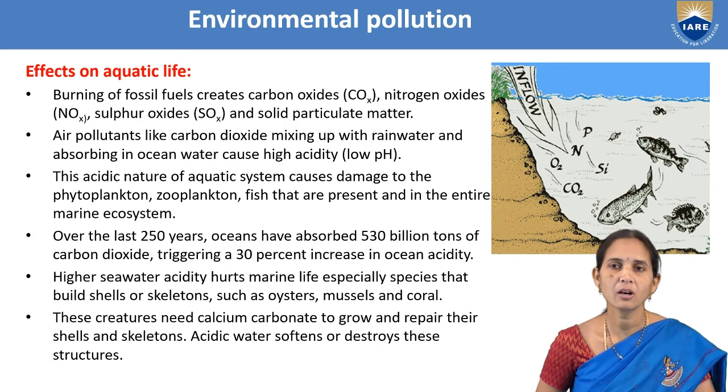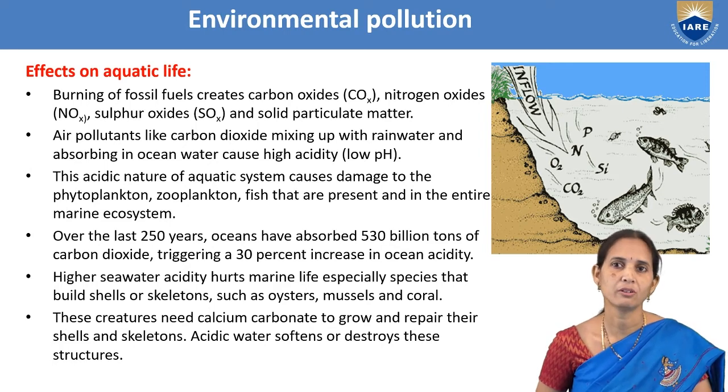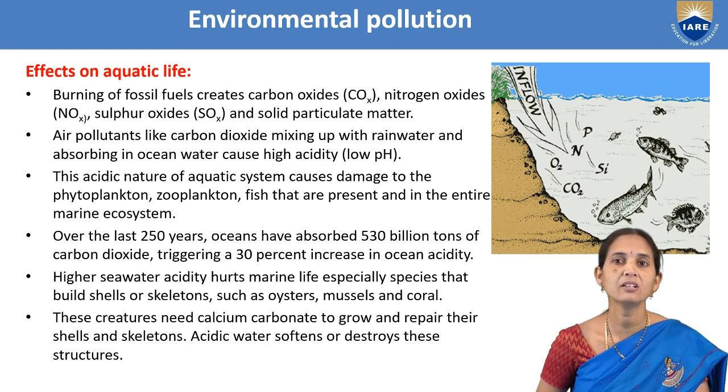And when the rain comes, all the pollutants go along with the water into the sea or rivers. Over the last 250 years, oceans have absorbed 530 billion tons of carbon dioxide, and it is increasing day by day. It is increasing ocean acidity by 30%.